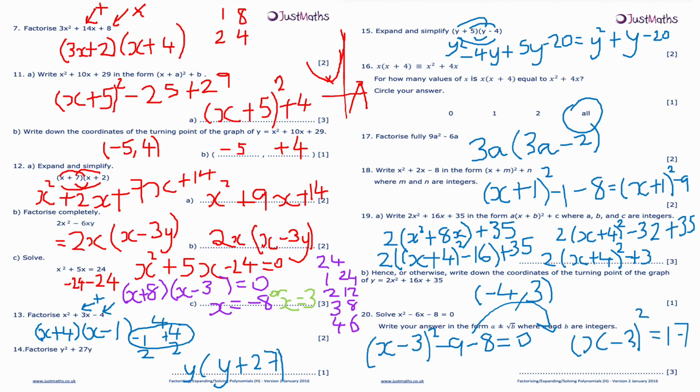Taking the square root of both sides, I get x minus 3 is equal to plus and minus the square root of 17. Adding 3 to both sides, we get that x is equal to 3 plus and minus the square root of 17. That's my solution or solutions to the quadratic equation.